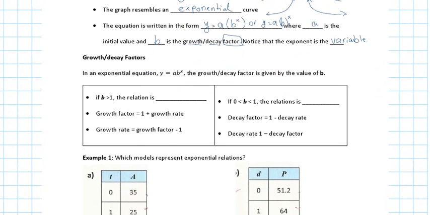B is my growth or decay factor. If b is greater than 1, the relation is growth. And remember that this B, which is your growth factor, is equal to 1 plus your growth rate.